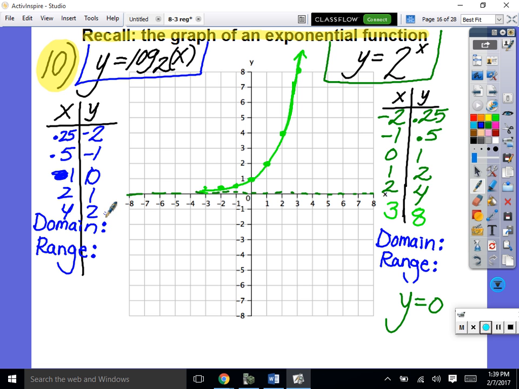Okay. So let's plot those points. I'm going to plot it in blue. So you're going over barely any and then down 2 units. We're going over halfway and down 1 unit. Over 1 up 0. You're graphing this on your paper too. Over 2 up 1. Over 4 up 2. So now, isn't this just getting smaller and smaller here? If this is getting smaller and smaller, it's just approaching 0 there again.